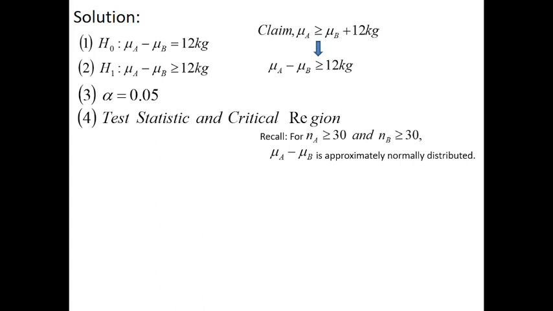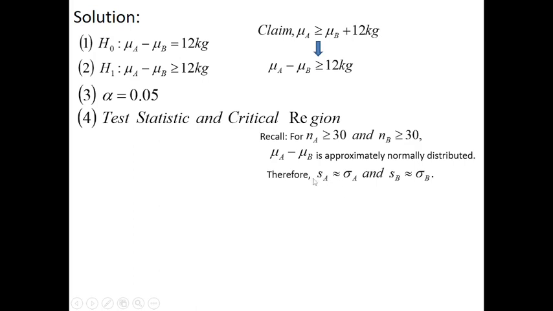In my previous discussion, I introduced this: if n sub A and n sub B, or n sub 1 and n sub 2, are both greater than or equal to 30, mu sub A minus mu sub B, the difference of the two means, is approximately normally distributed.